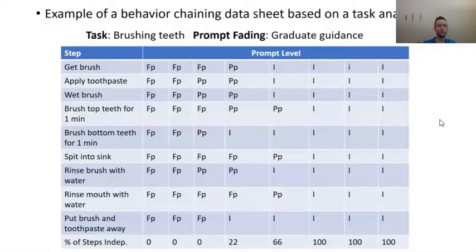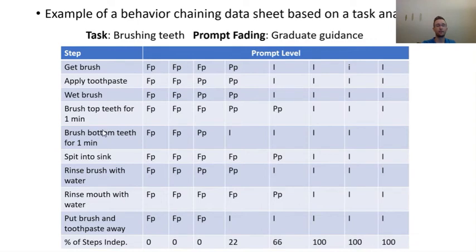I'll give you an example of what this would look like in terms of data collection. So here's an example of a behavior chaining data sheet based on a task analysis. And the task is brushing teeth, and we're using graduated guidance as a prompt fading strategy. And each column here is a trial, so it's an opportunity to practice and learn brushing teeth.